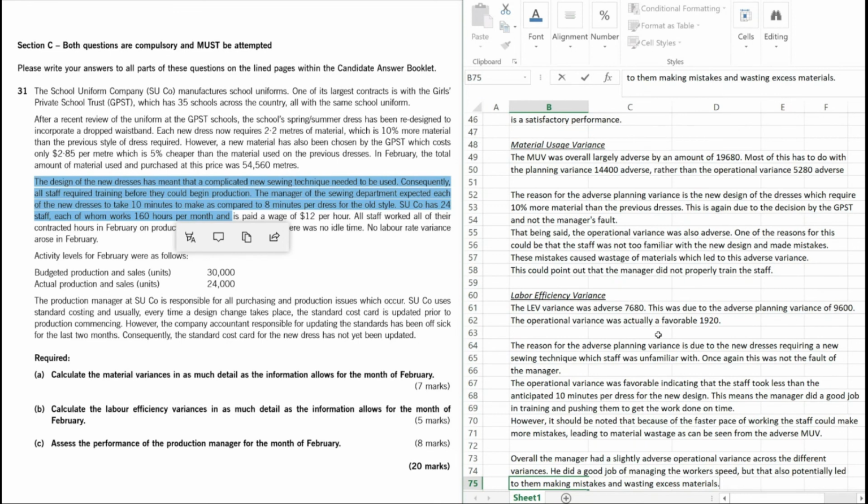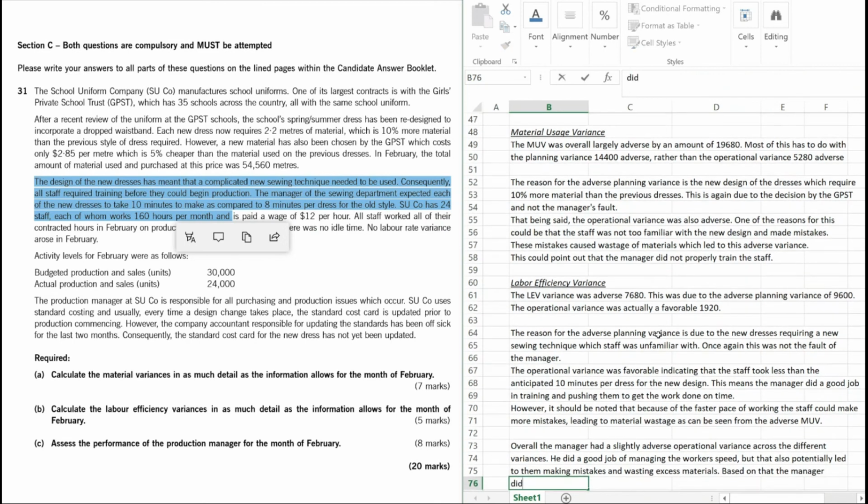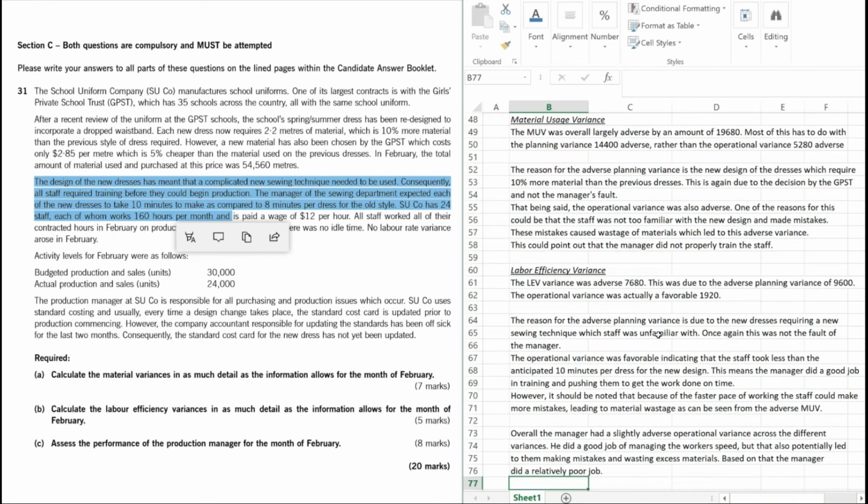Okay, and then we can just say, based on that, the manager did a relatively, and then you can conclude good or poor job, up to you, right? Relatively poor job, right? We'll say that, but you could argue he did a good job as well by tweaking your wording slightly.